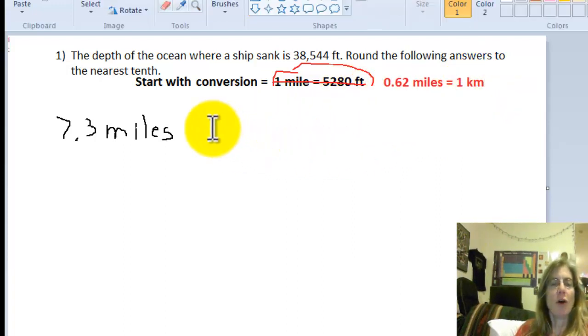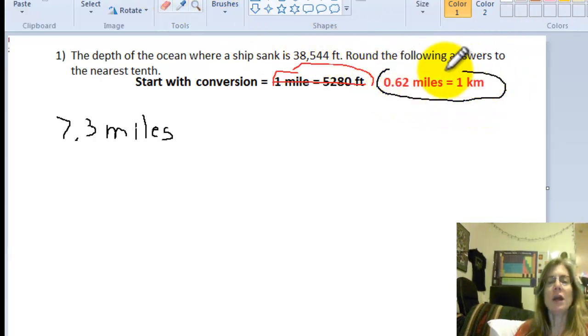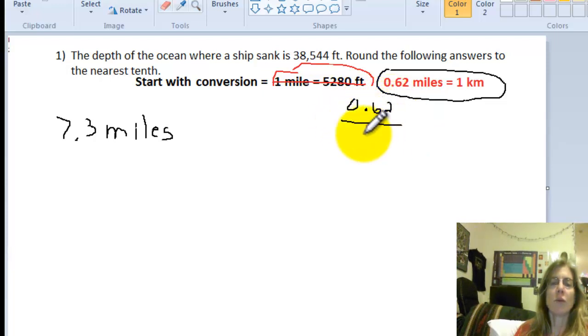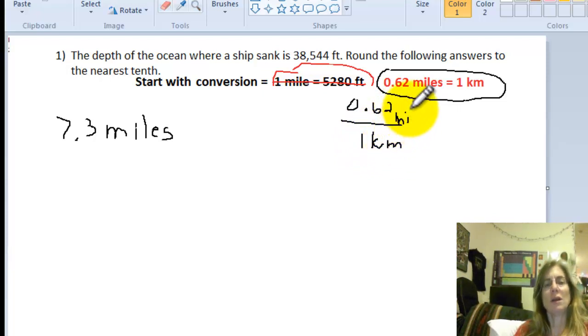Okay, so out of this new conversion, we can create two unit fractions to choose from. And it's important to take this step. Miles over the 1 kilometer, or you put it the other way. I mean, once you get used to it, you won't be writing it all the way out.